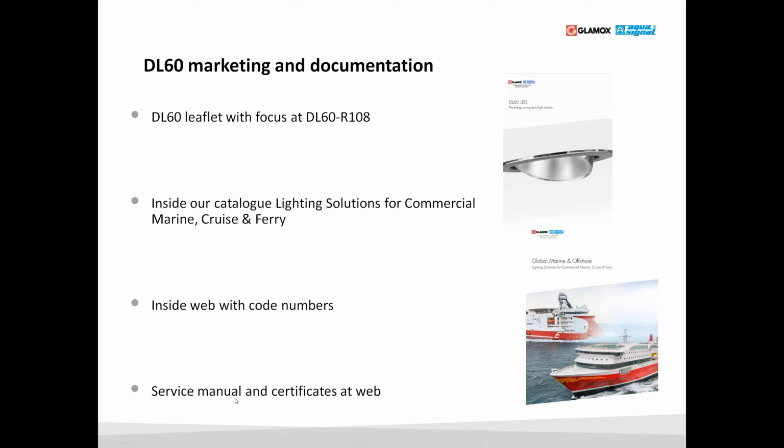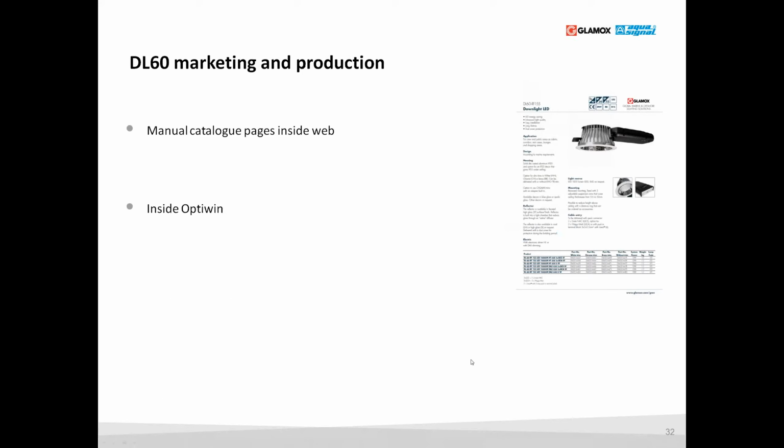You also find the service manuals and certificates on the web pages. And you also find the manual catalog pages inside the web. That means that you can find what stands inside the catalogs, the main catalogs, so you have a better overview of all code numbers and a general description of all things. And of course you also find these fittings inside the OptiWin.